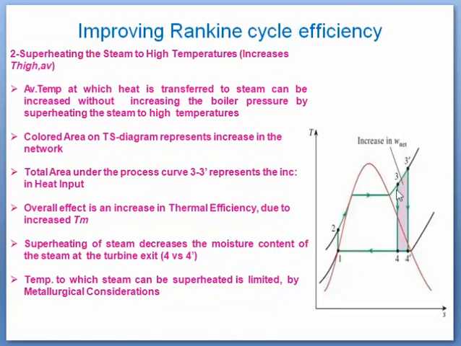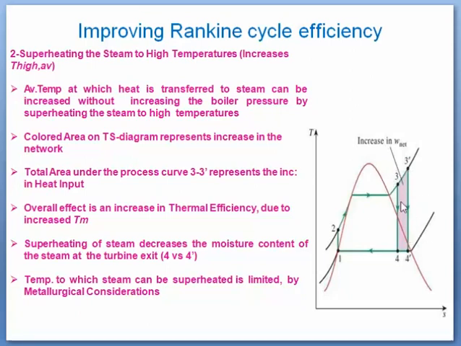We can see that by increasing the degree of superheat, this point 3 shifted to 3 dash, and we are getting extra work done, which increases the overall work output of the cycle and hence increases the cycle efficiency. By this, we are increasing the mean temperature of heat addition.